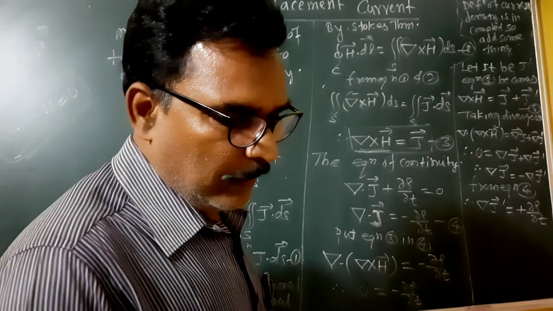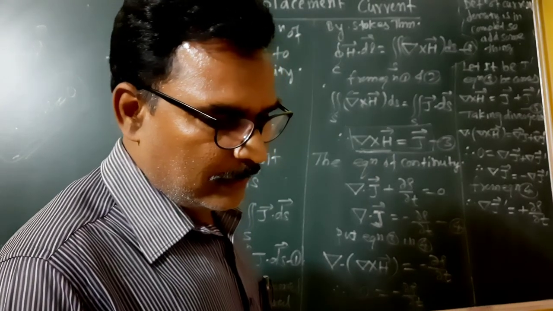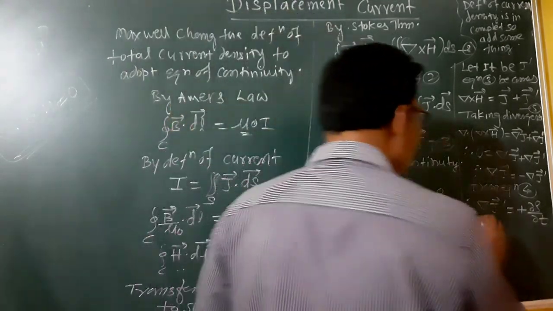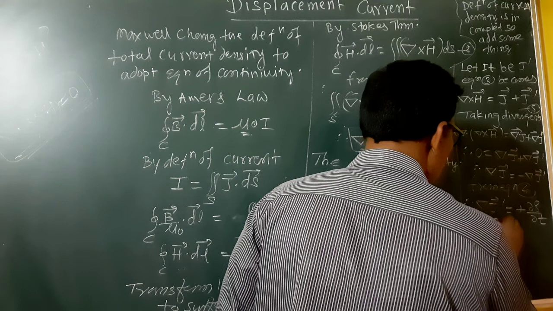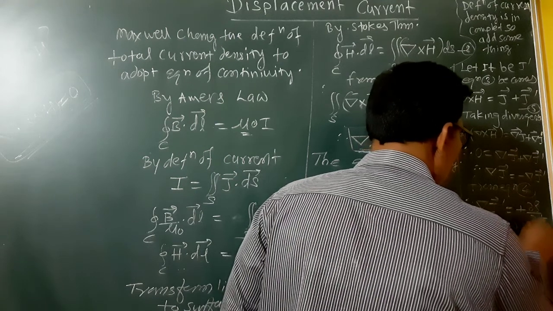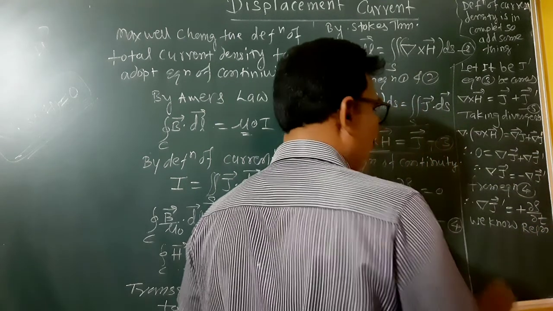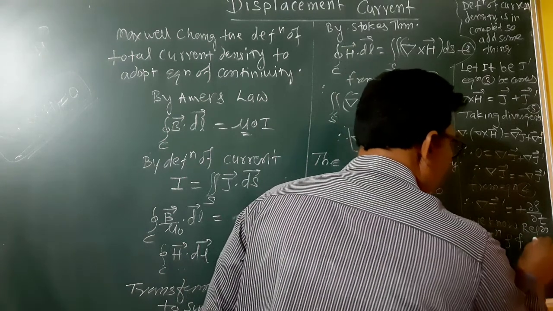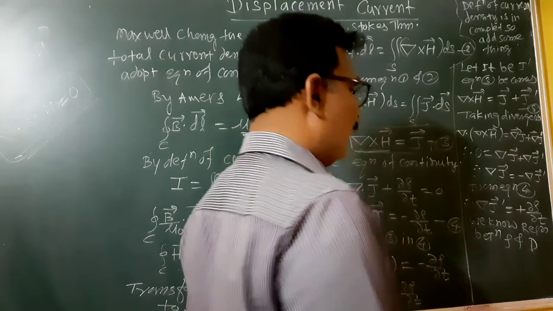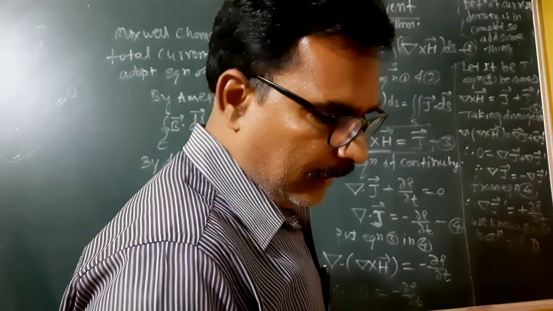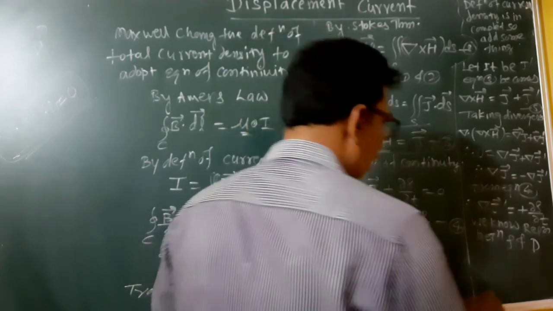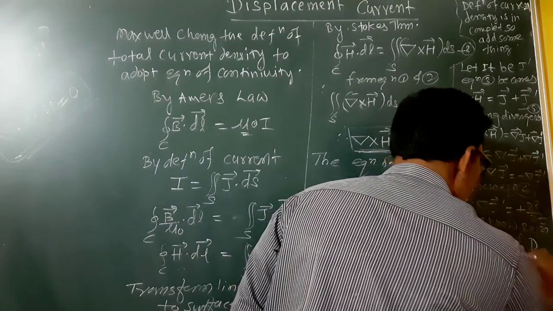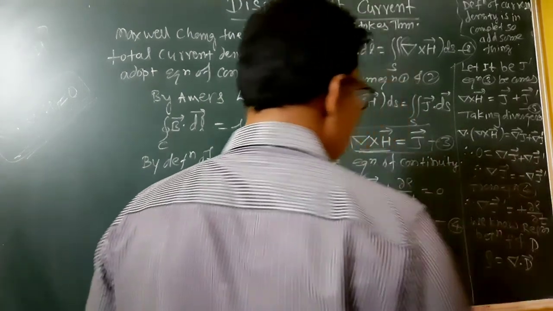But we know that rho is the charge density, and we know the relation between rho and D, the electric displacement: rho is equal to divergence of D bar.